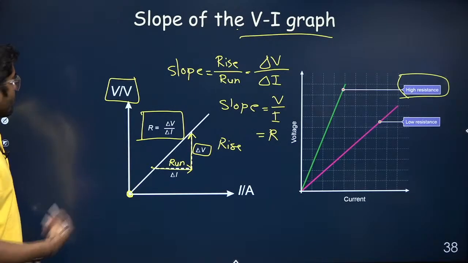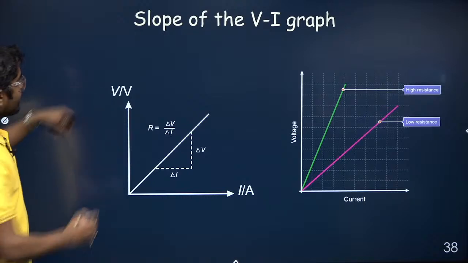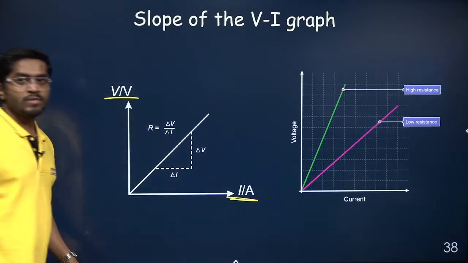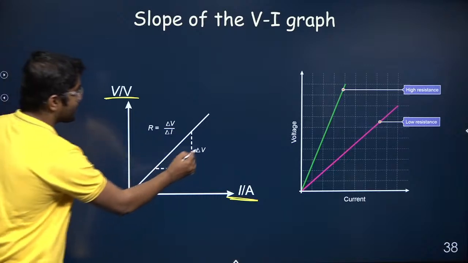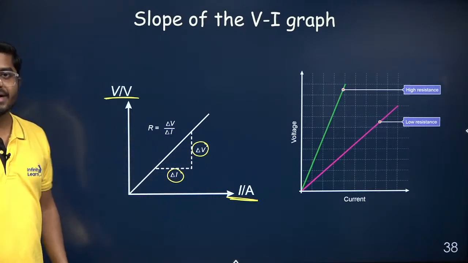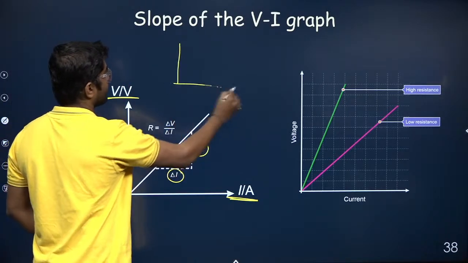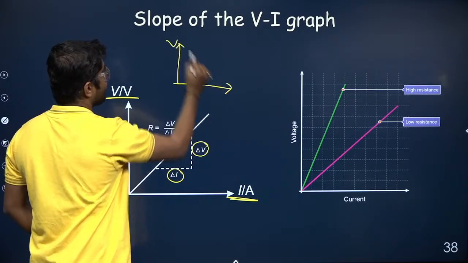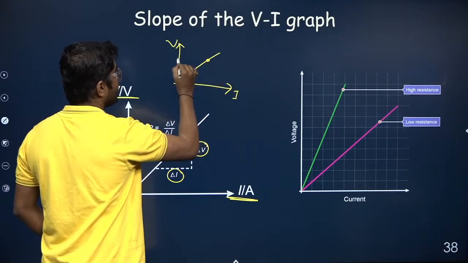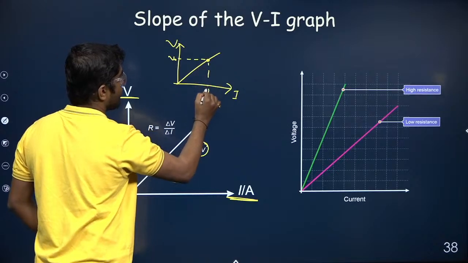Anyways, I'll explain this one again. So you see here there is a voltage versus current graph. So how do you find the slope? Slope is nothing but change in the y coordinate divided by change in the x coordinate. So instead of this I'll draw a simpler graph. There is a voltage versus current graph. Let's suppose there is a point, there is some V0 and there is some I0.